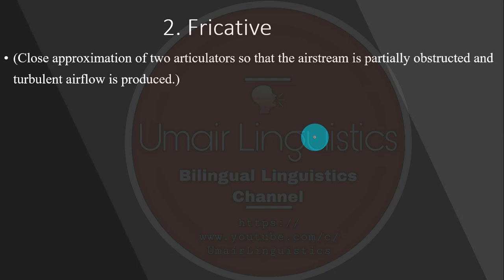Then we have fricatives. In a fricative, there is close approximation of two articulators. In other words, the two articulators are approximately close to each other, so that the airstream is partially obstructed, not completely obstructed.